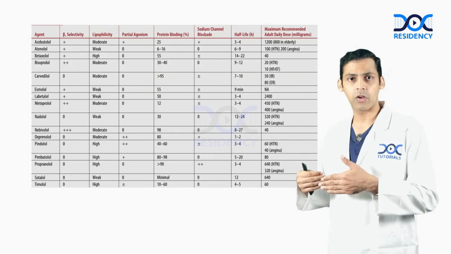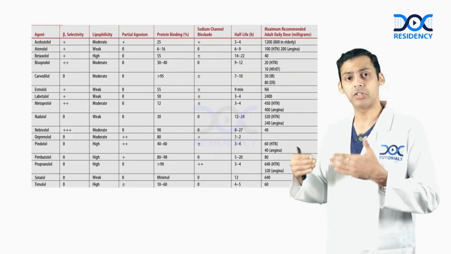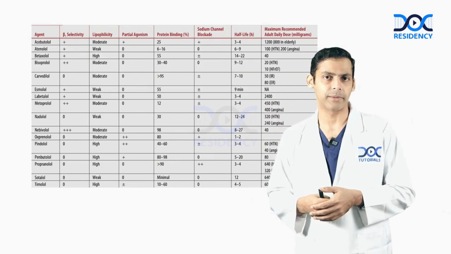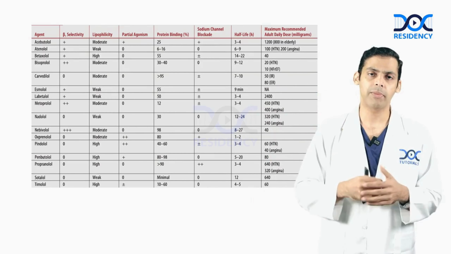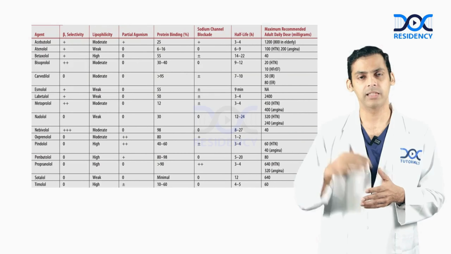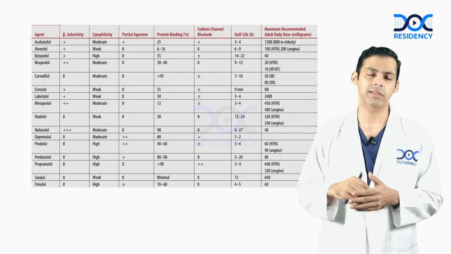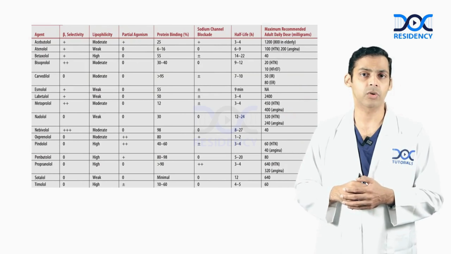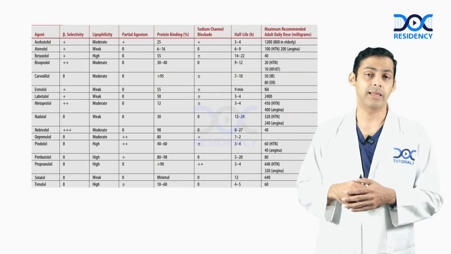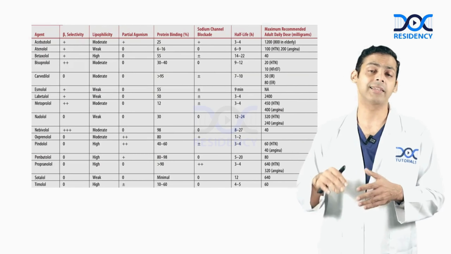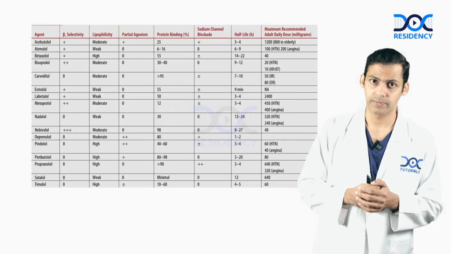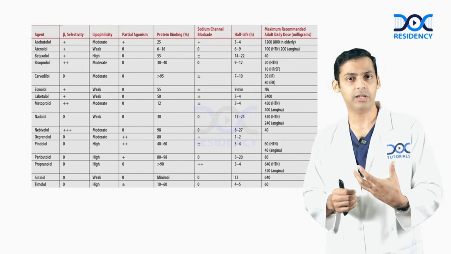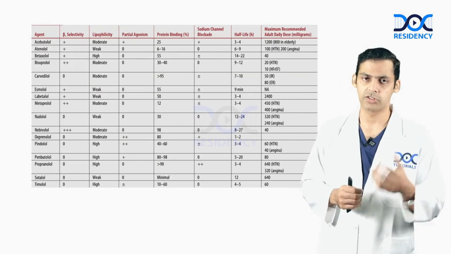Drugs like propranolol and carvedilol are very lipid soluble and can easily cross the blood-brain barrier. Once the blood-brain barrier has been crossed, these drugs can cause direct toxicity on the brain. It can result in decreased sensorium, confusion, sometimes even coma, and it can also result in seizures. Because of the sodium channel blocking property of these drugs, they can also cause seizures.